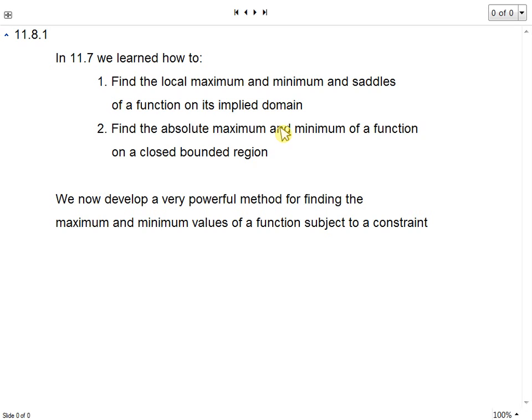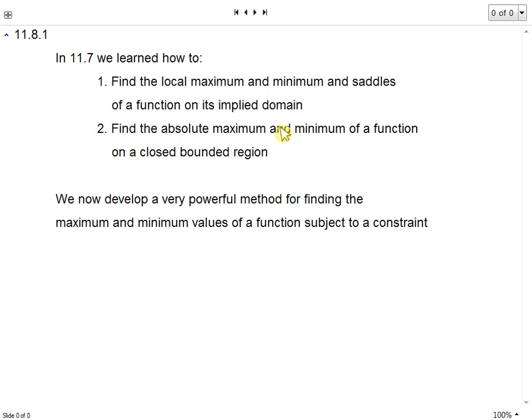We do that by calculating that capital D. And then last class, we said, if you take this surface and restrict it to a closed bounded set, then we can still find max and mins, but now we can find absolute max and mins, and the process is a little different. We still find critical points, but then we have to go around the boundary and find out what's happening around that edge. But we should be able to handle both of those cases.